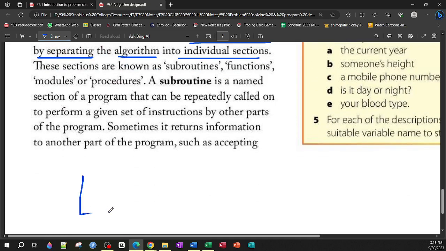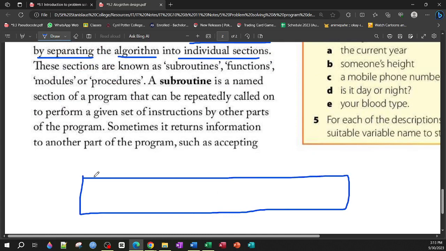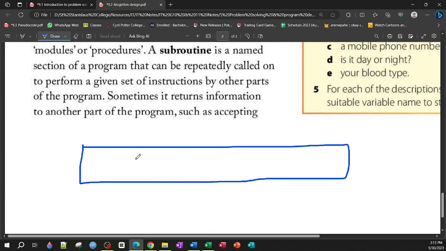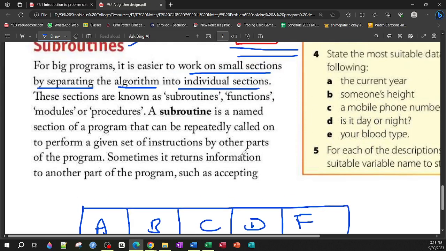So if you had a large program like this here, instead of working on it as one large program, you break it up into parts. This is part A, this is part B, part C, D, and part F.